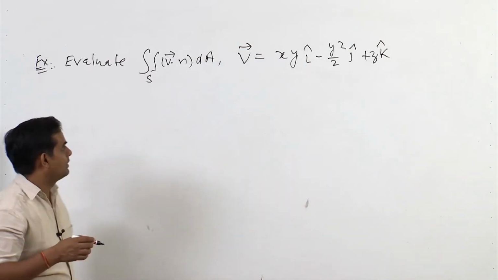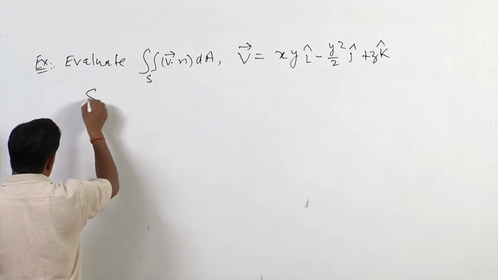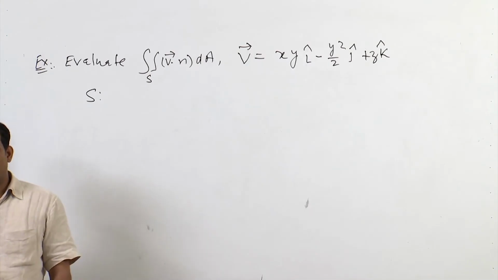Okay. So this is my vector function, and now the surface S also needs to be defined.